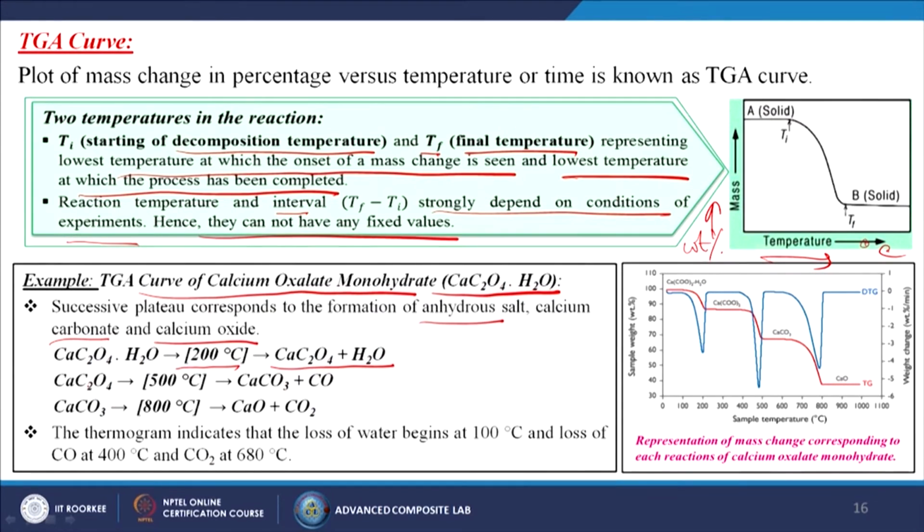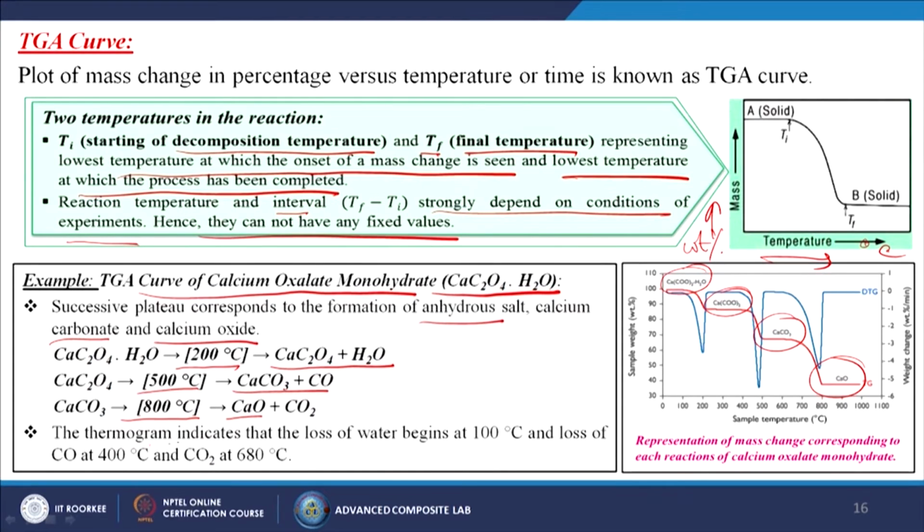Then if I heat it up to 500 degrees centigrade, it will form calcium carbonate plus carbon monoxide, and if we heat it up to 800 degrees centigrade, it will form calcium oxide plus carbon dioxide. In this case you can see the first formation is this one, then the second, the third is calcium carbonate and the fourth is calcium oxide.